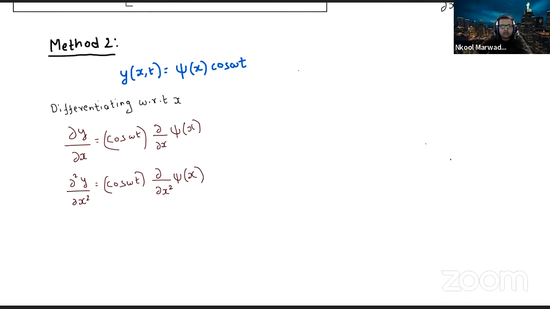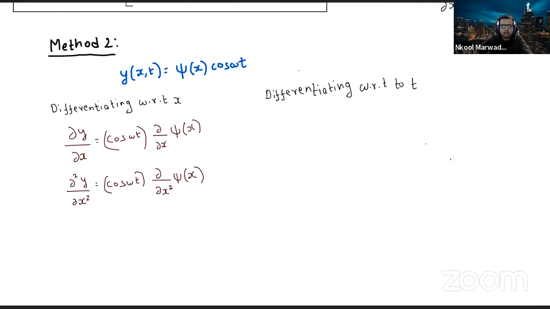Now similarly, we will differentiate the same equation with respect to time. Differentiating with respect to t.